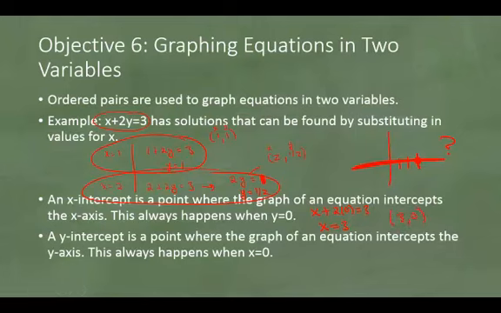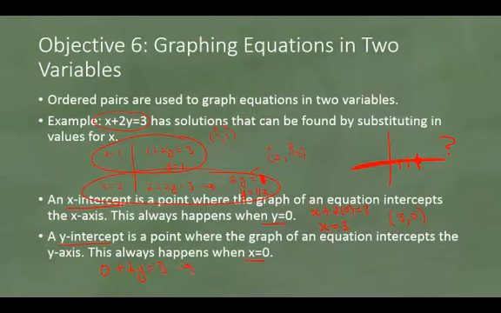A y-intercept is when the equation intercepts the y-axis, but it happens when x is equal to 0. Y-intercept is when x is equal to 0. X-intercept is when y is equal to 0. So instead of x plus 2y is equal to 3, we have 0 plus 2y is equal to 3.